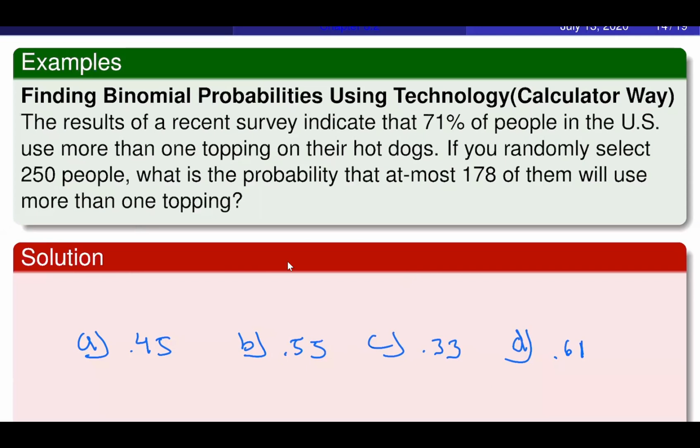So for B, if you look at it, it says N is equal to 250, P is equal to 0.71. And you want to find the probability that at most 178 of them will use more than one topping. So for this one, you say X is less than or equal to 178.